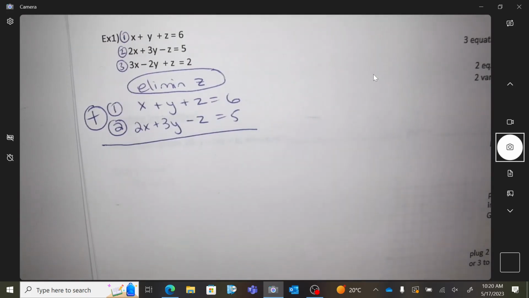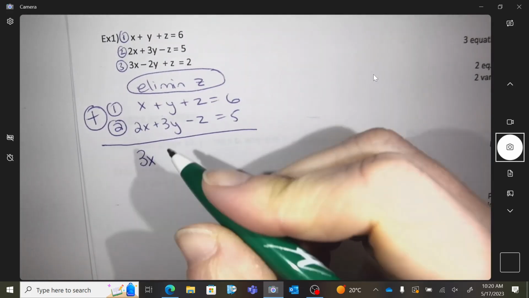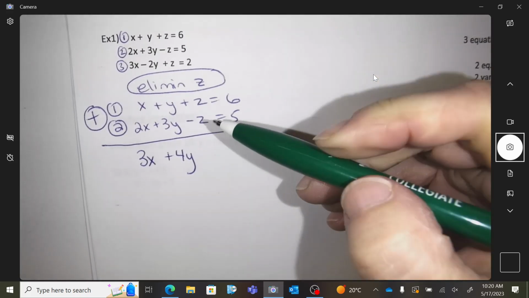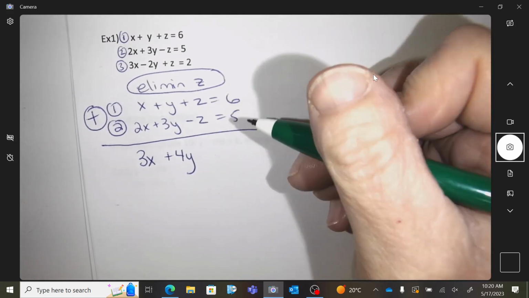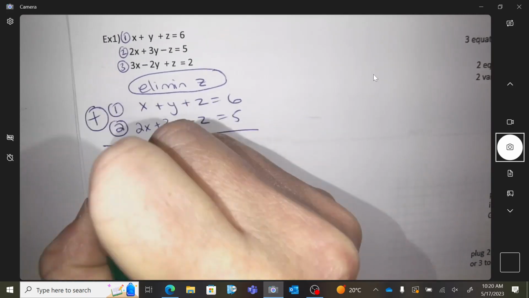So X plus 2X, Y plus 3Y. The Z plus the negative Z is gone. So this is a new equation. I'm going to label it equation 4.